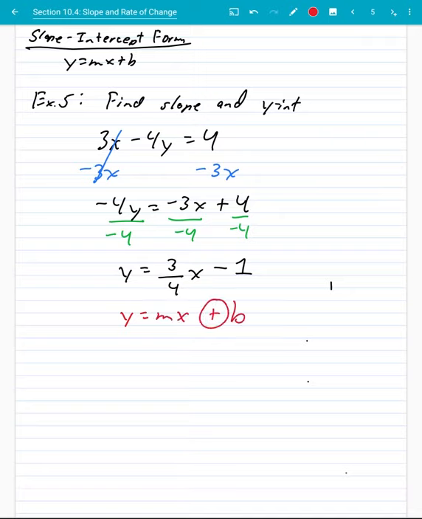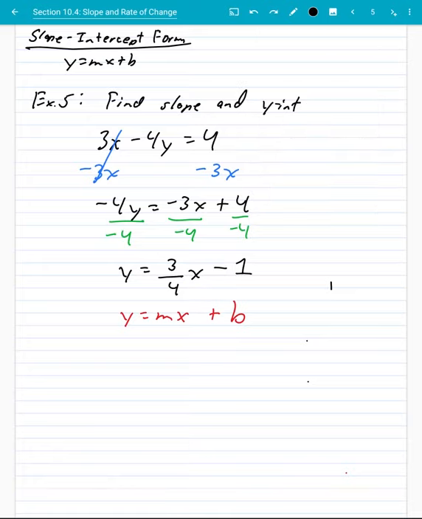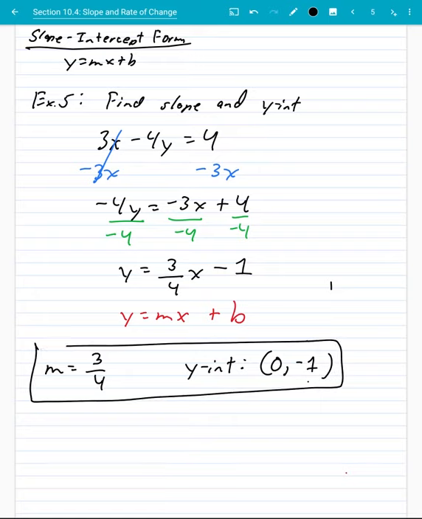Now, even though this says plus and this says minus, they're still in the same exact form. It's just your y-intercept is going to be different. Your slope is 3 over 4. And your y-intercept, because this is a negative 1, we'll say our y-intercept is 0, negative 1. And that's our answer for both.